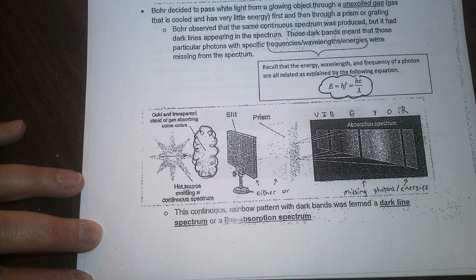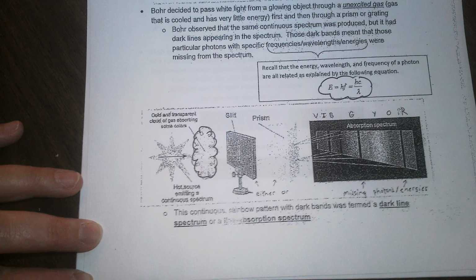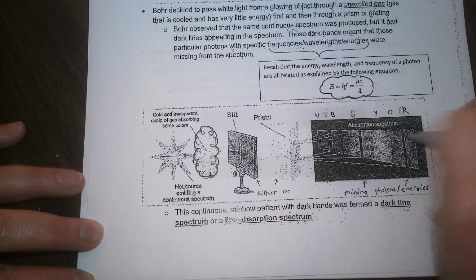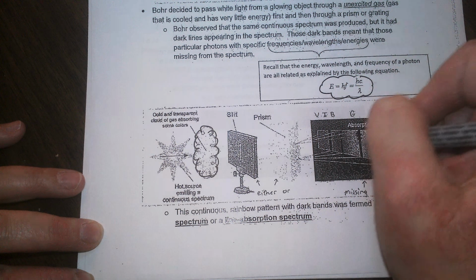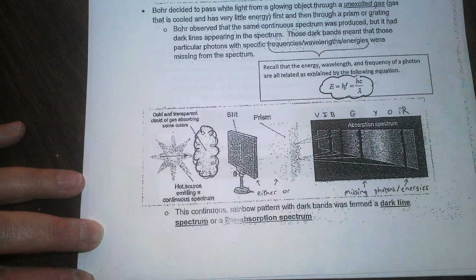When you move more quickly, you have more energy. Then it went through either a slit or a prism. He particularly chose a prism. We get this dark line spectrum. So here's dark line, here's dark line, dark line, dark line.